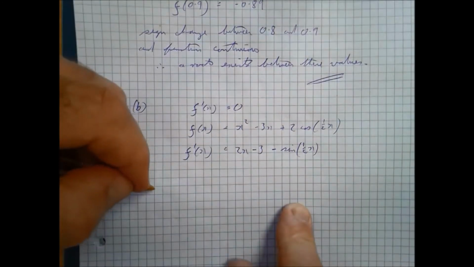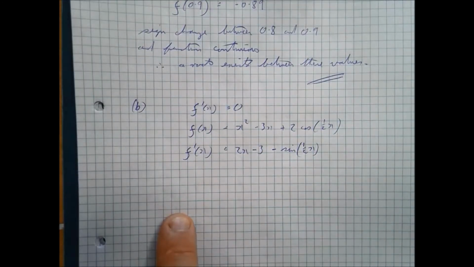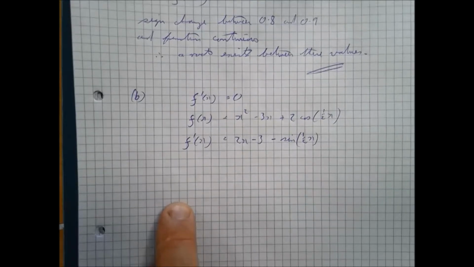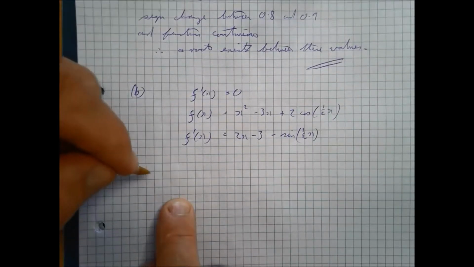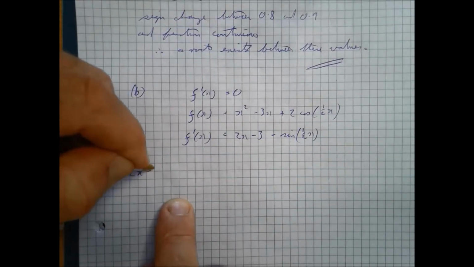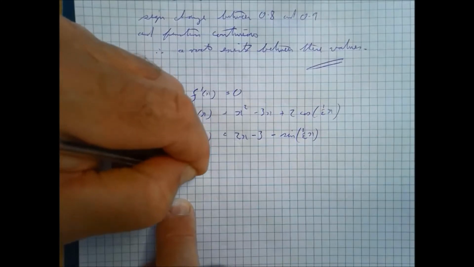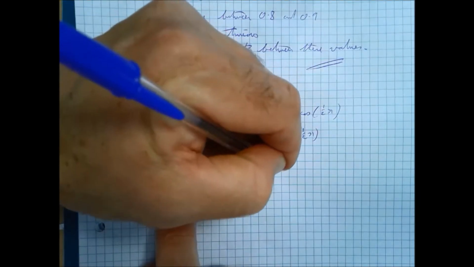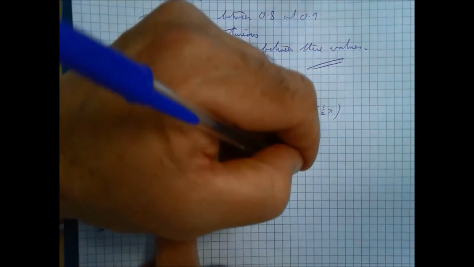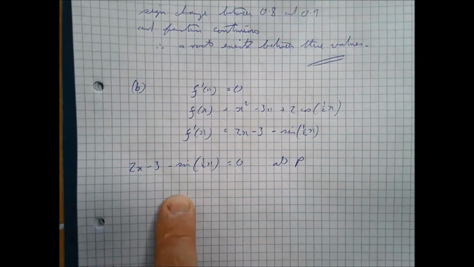Okay, so that actually helps us, because if you look at the formula we're trying to get to, that involves sine of half x, so that's looking hopeful. So 2x minus 3 minus sine half x equals 0, and that's at P.